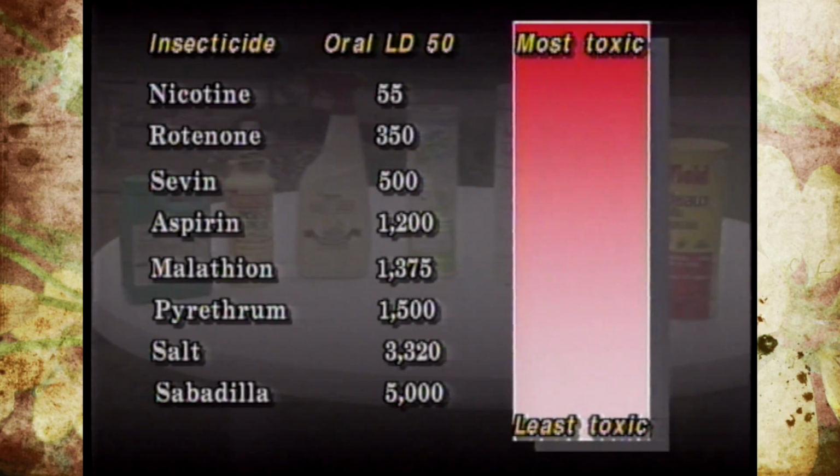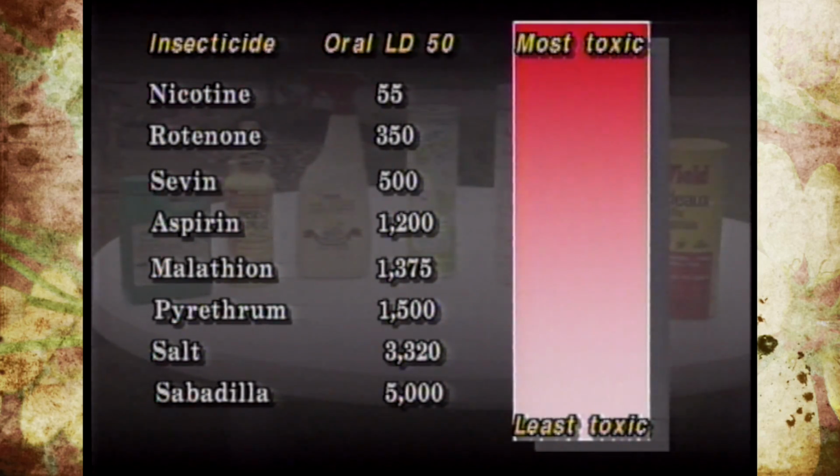Just everyday aspirin that we would use in the home has an LD50 of 1200. Compare that to malathion with an LD50 of 1375, and lastly, salt, another common product in the home, with a number of 3320. Now again, remember, the lower the number, the more toxic.